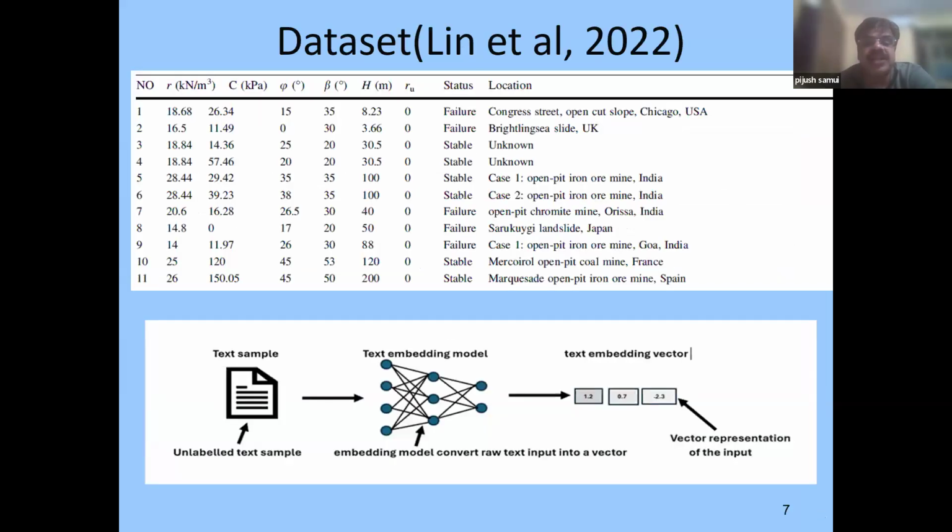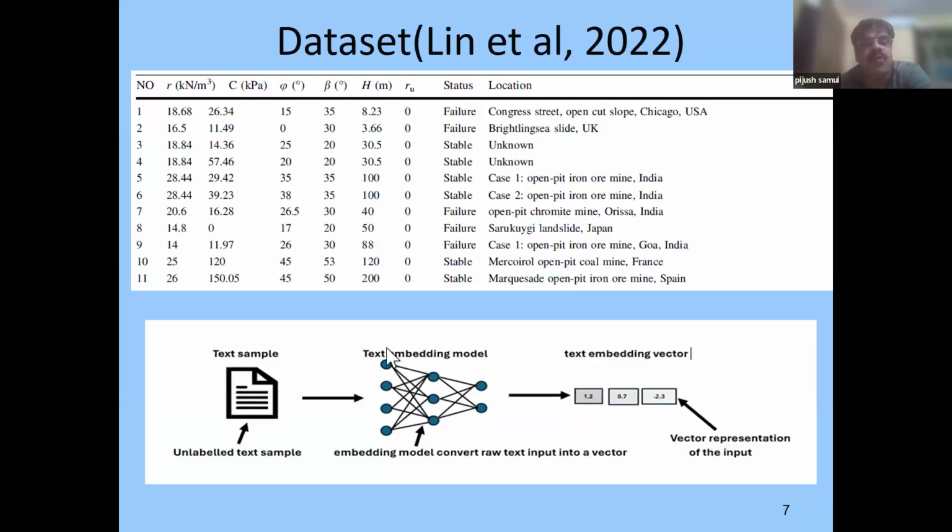Now coming back to the data set, if you have collected the data set from the work of Lin et al. in 2022, there is plenty of data, with various information. The data set has gamma, C, phi, beta, H, and pore pressure coefficient, and the status of the slope, failure or stable. This is in tabular form. In traditional AI, you take this type of data.